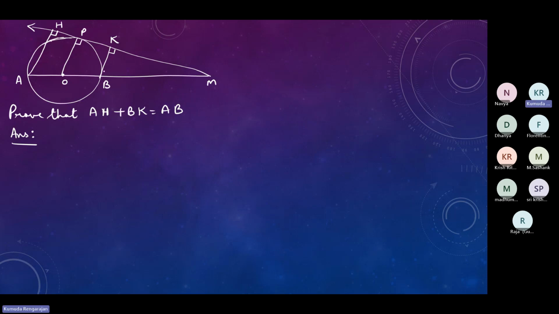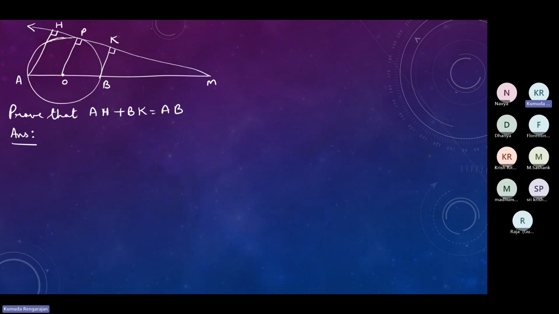Prove that MBK is similar to the other two triangles, MOP and MAH. Fix any one triangle actually.